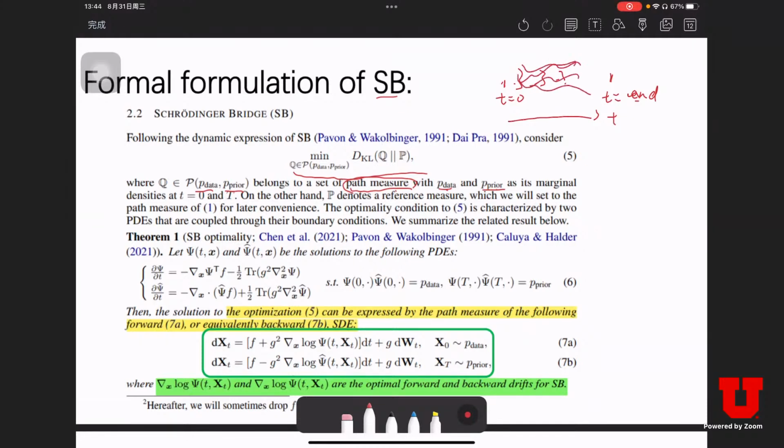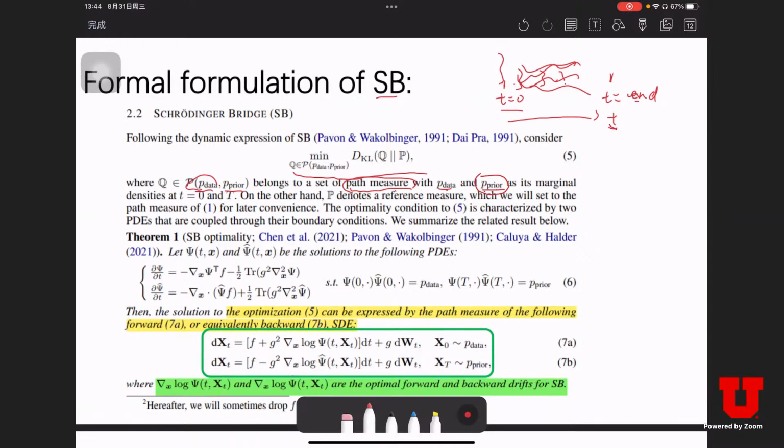the SDE, maybe like this one, or this one, has a distribution at t equal to 0 that should be our data distribution, and at the end it should be the distribution of the prior. Somehow you can treat it like a marginal distribution, but the marginal is across the infinite steps of your time, so it's an SDE.